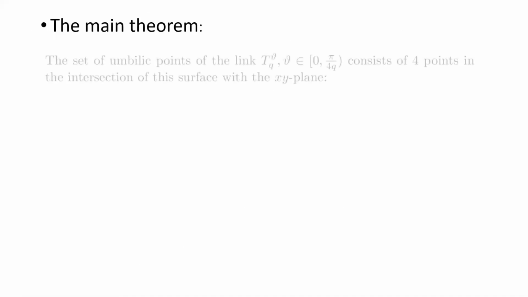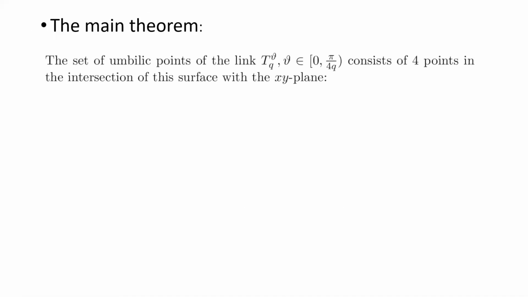The main theorem. I'm going to write the main theorem. Now we describe the umbilics of any of these links that you consider for q. This is the link for q. For instance, q equals 3 is a double torus, q equals 4 is a triple torus, and so on, with this construction by Milnor fiber.